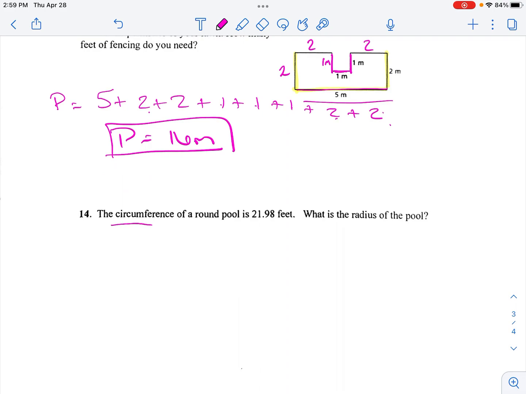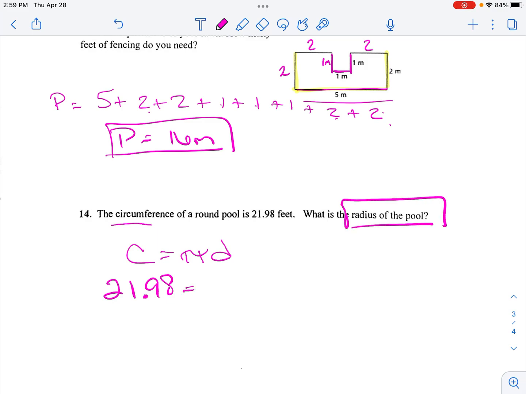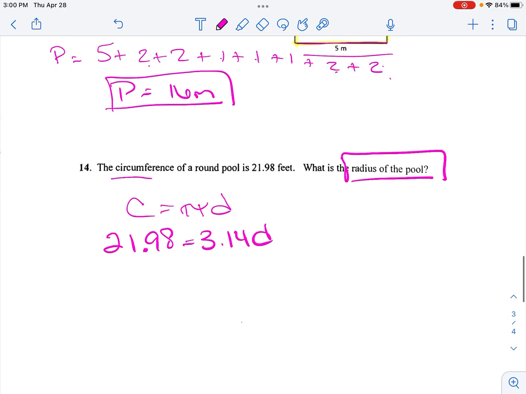The circumference, I should be thinking pi times diameter, of a round pool is 21.98 feet. It gave us the circumference. What is the radius? Well, this formula calls for diameter. I do know what to plug in for pi, 3.14. We will find the diameter first.